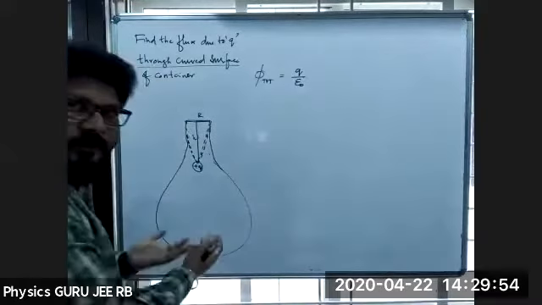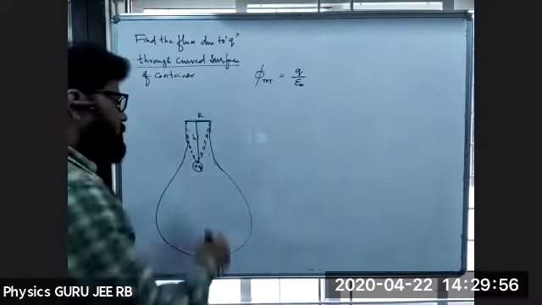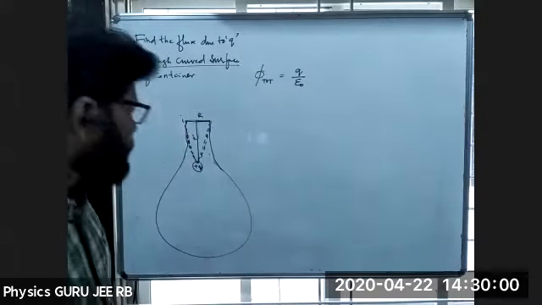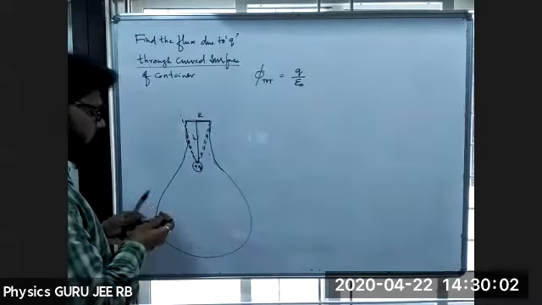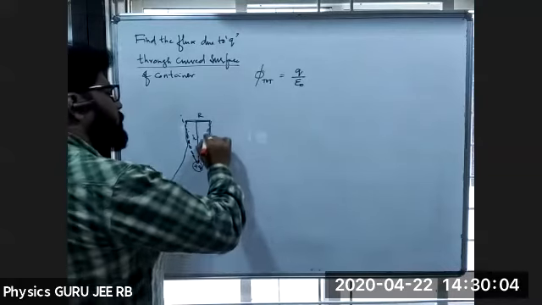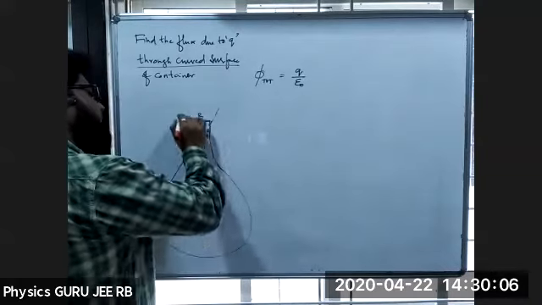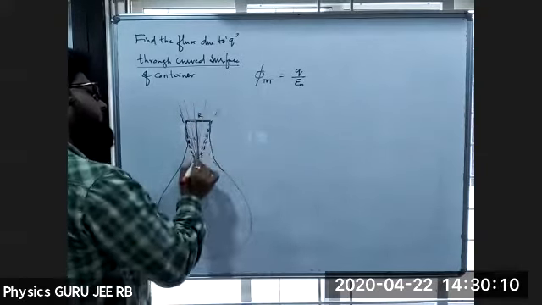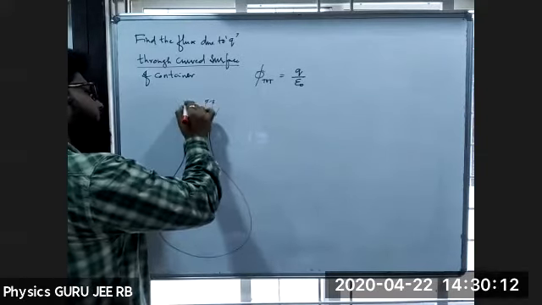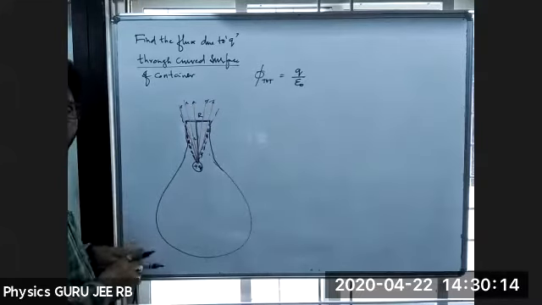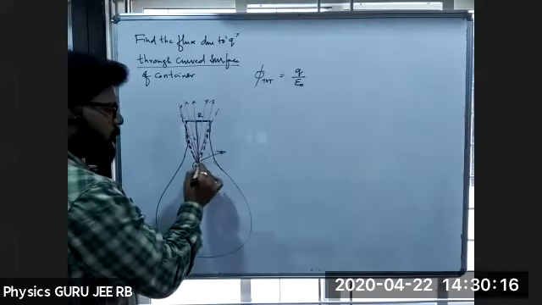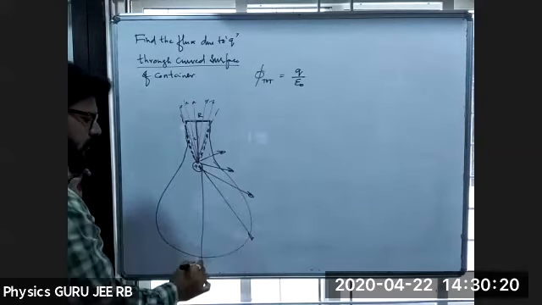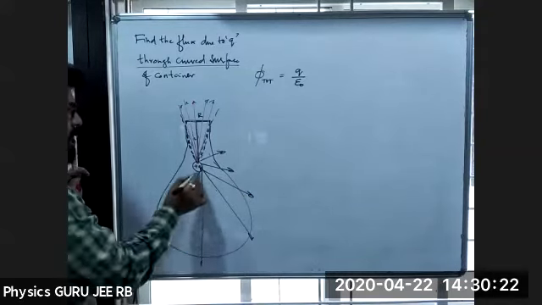If I remove this upper part, which looks like a cone, the flux coming through this cone, the remaining part, whatever I get, will be the flux due to the curved surface. Am I right? Flux through the curved surface.